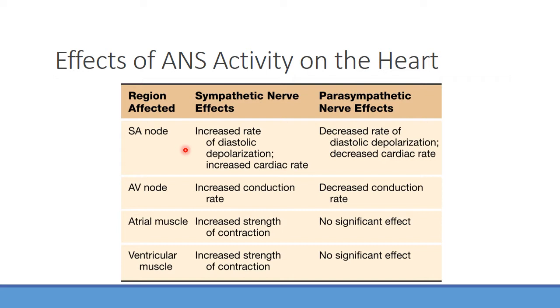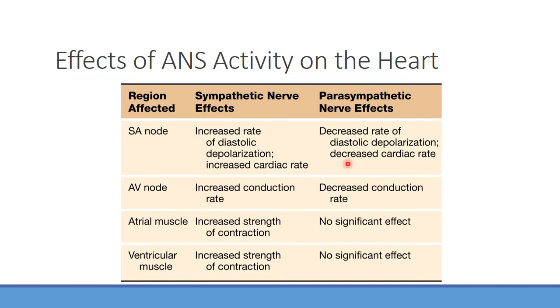Do you think it'd be raising it or lowering it on those pacemaker cells? Should be raising, making it more positive, right? Because that means you're closer to that threshold to cause a depolarization, okay? Right, so we'll see how the parasympathetic nerves do the opposite effect. But essentially by reducing that threshold for depolarization, you're going to cause an increase in heart rate, right? So that's going to be through this pacemaker tissue here. You'll see that the conduction rate is going to be going up, and in general, just increased rate here.